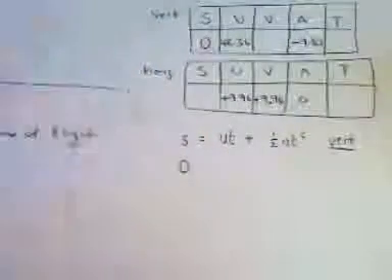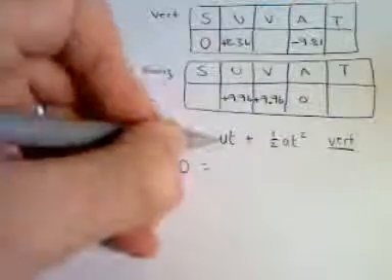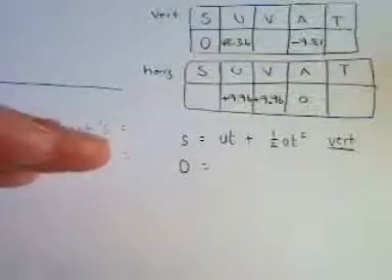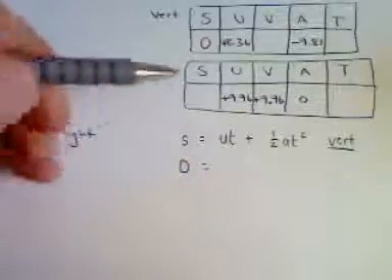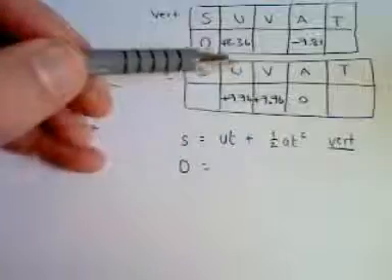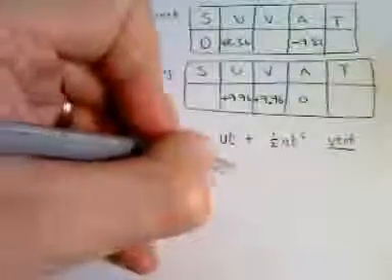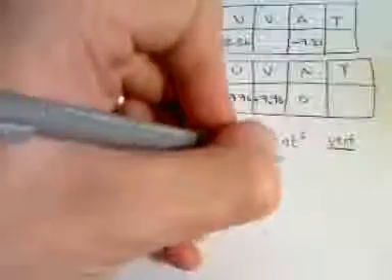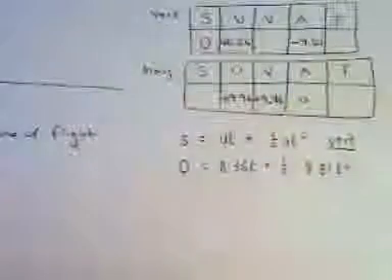So if we substitute 0 in here, now this time the initial vertical velocity is not 0. It's not one of those horizontal launch situations, so we need to substitute in our value here, the initial vertical velocity, 8.36 times t, which is unknown, plus a half times minus 9.81 times t squared.